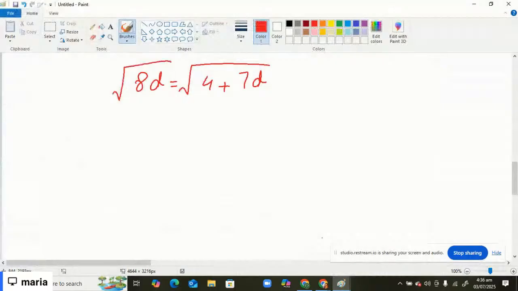Now what do we do? We are just going to take the square on both sides. So let's take the square.